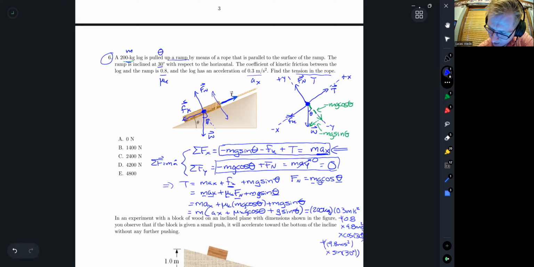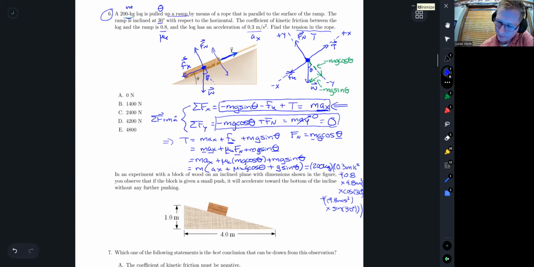Add that whole thing. That looks good to me. So 2,397 point something. Yep, and so to two significant figures, that would be that one right there.